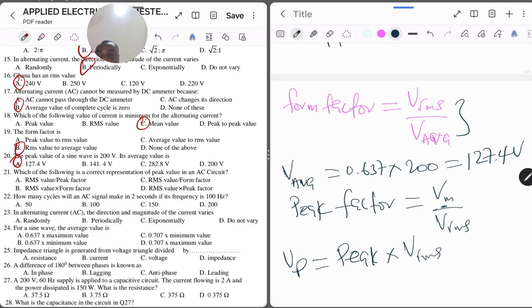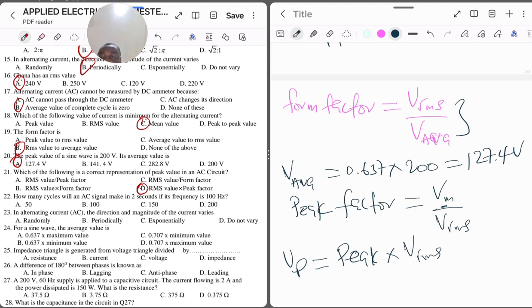So we look for this answer. You can see that the answer here will be D, where we have root mean square value times the peak factor. The other ones are wrong. Like A, root mean square value divided by peak factor, is wrong when you make it the subject. So we get D.